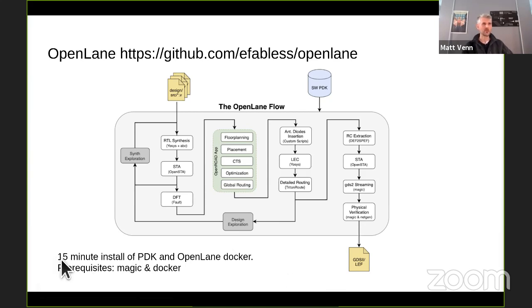It only takes about 15 or 20 minutes to install, but you will need about 3 gigabytes of space on your computer to get the PDK in there. So I'll just talk through this process briefly, and then I'll show you a couple of examples showing the intermediate files so we can see how the GDS files that we're going to send to the factory get built up layer by layer.